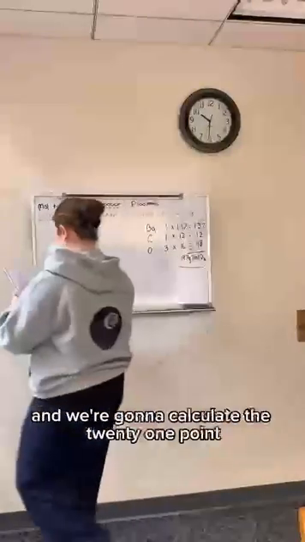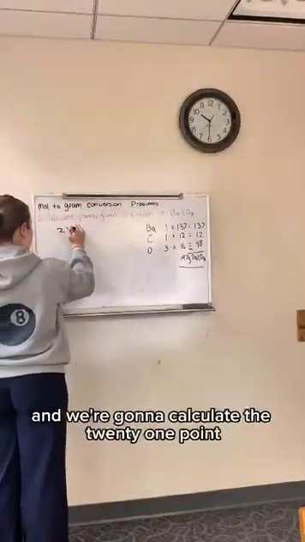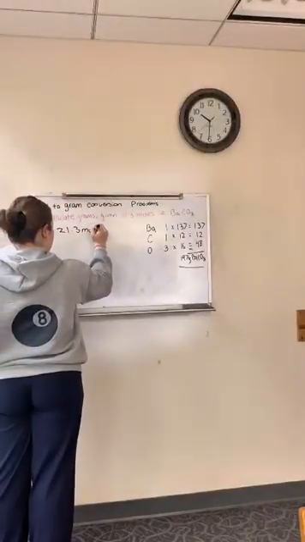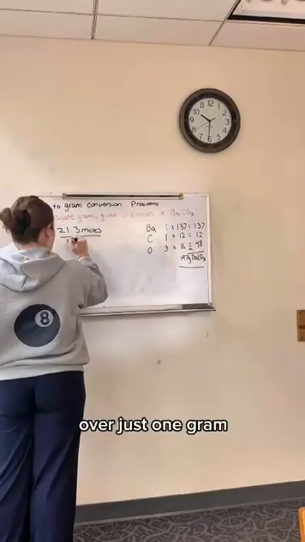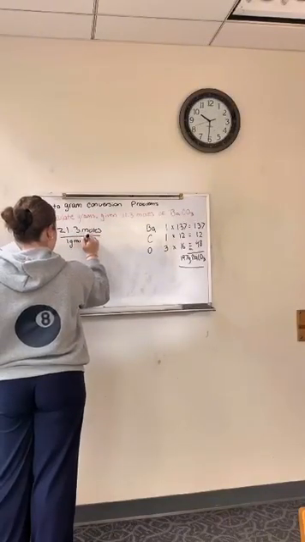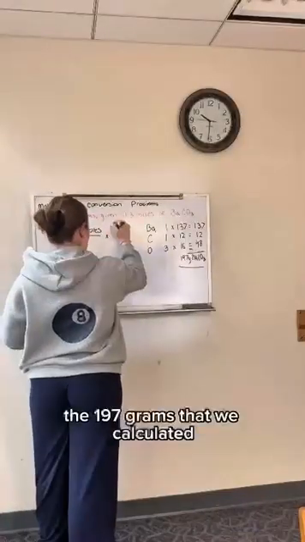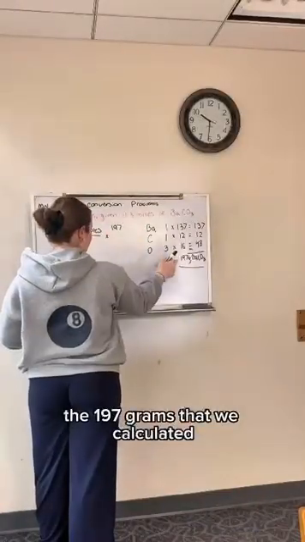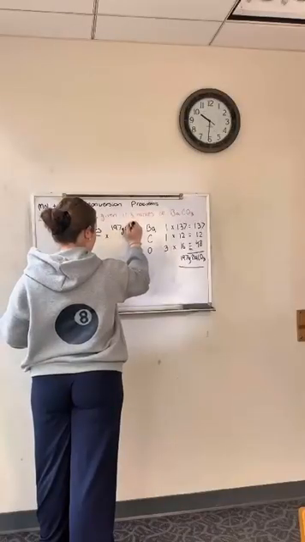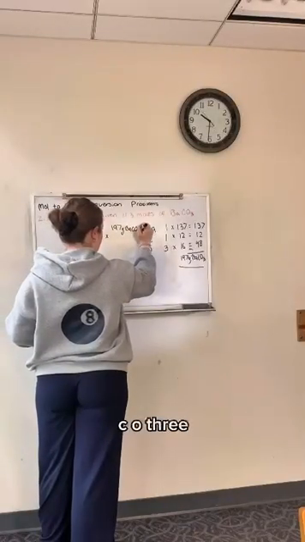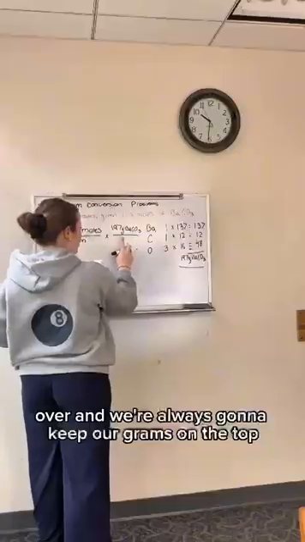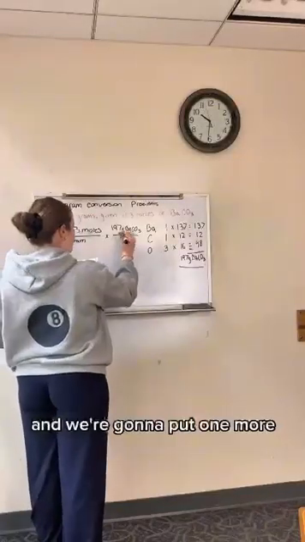Then we're going to come over here and we're going to calculate the 21.3 moles over just 1 gram. Then we're going to times it by the 197 grams that we calculated of BaCO3 over, and we're always going to keep our grams on the top, and we're going to put 1 mole.